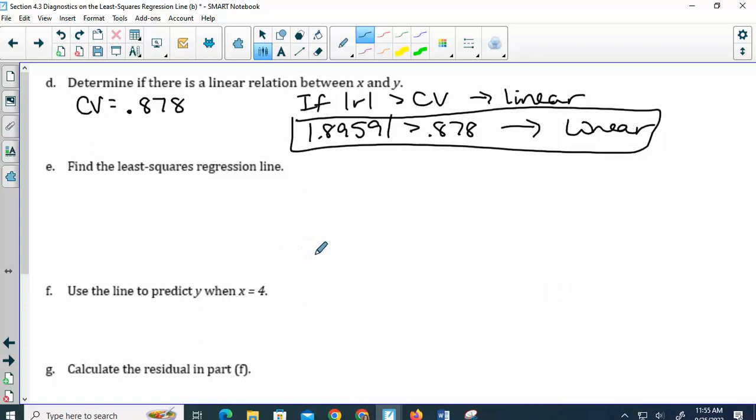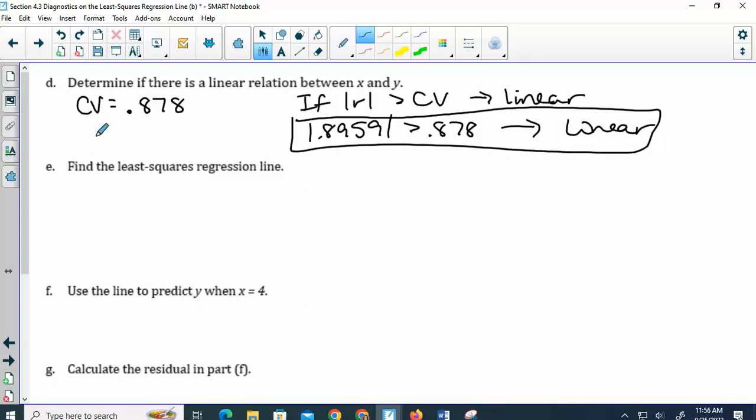All right, how do we find the regression line? Stat, calculate number 4. It'll give it to us on our calculator. Let's say I wanted to do it by hand. We have all the information already.